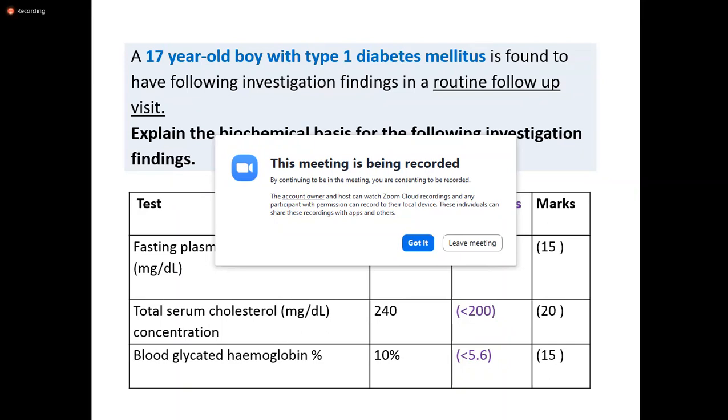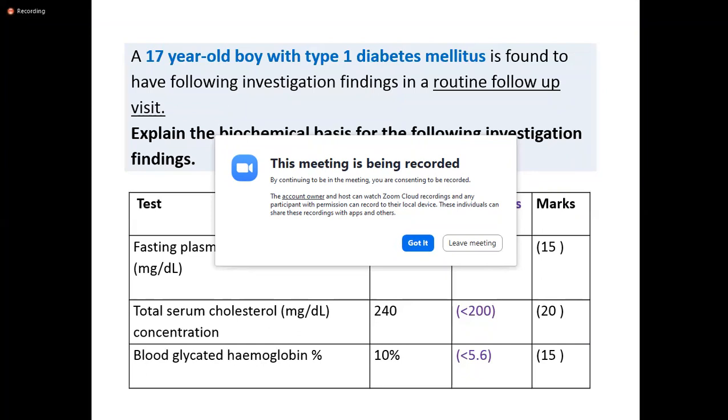So what are the investigations that we have given? Fasting plasma glucose concentration with the patient findings and the reference ranges. Don't worry too much about remembering the reference ranges, because in the exam, in the essay paper, you are given the reference ranges. We have given you total serum cholesterol concentration, the patient findings and the reference ranges.